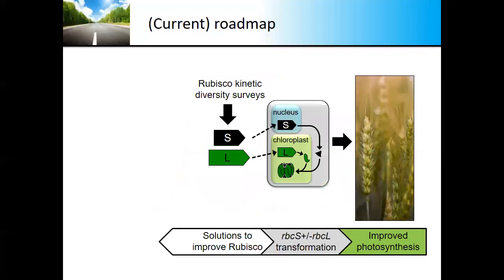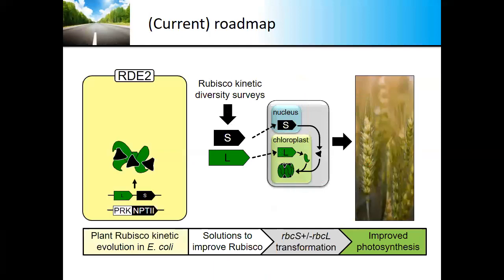Up until now, what I've talked about is we survey natural diversity in kinetics, and then we try and introduce those changes in. I've just talked about the large subunit. We also engineer the small subunit by various means, both chloroplast transformation and nuclear transformation, so that hopefully we can improve photosynthesis. But now the question is, previously we weren't able to assemble plant Rubisco in E. coli.